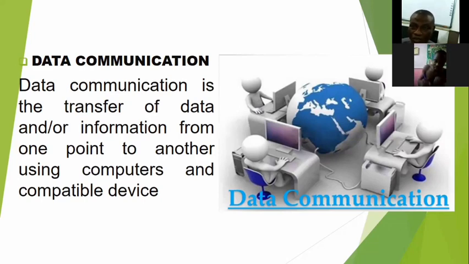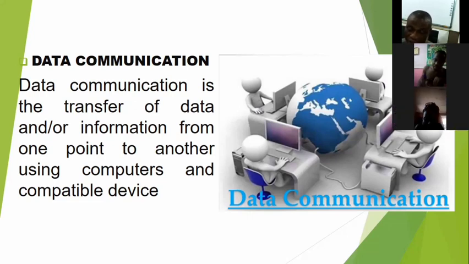Compatible devices could be your mobile phone, it could be your routers, it could also be your tablets, it could be your laptops, it could be a connection of printers and so on that are compatible or connectable to the computer. That's why we say computer and compatible devices.